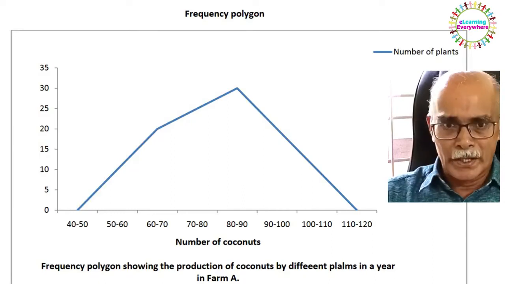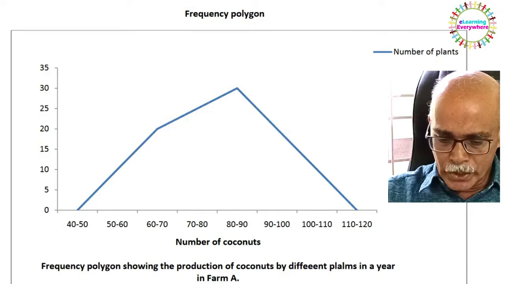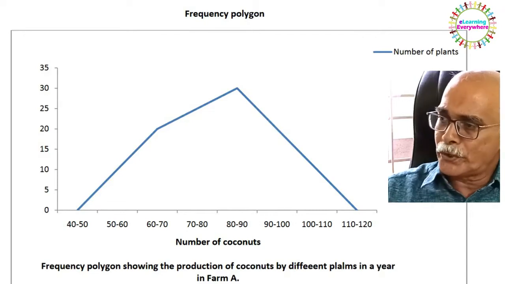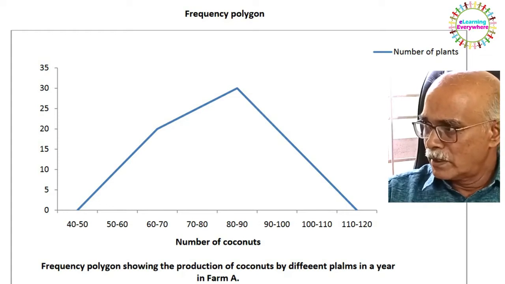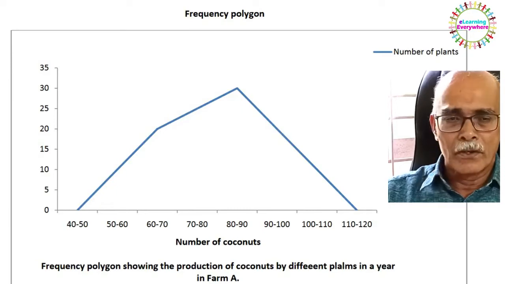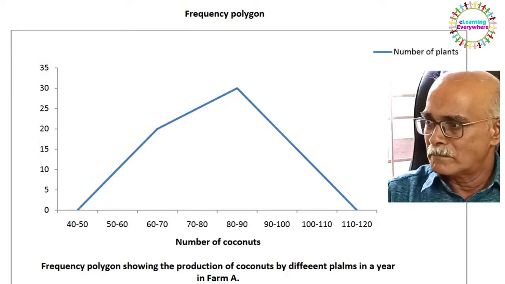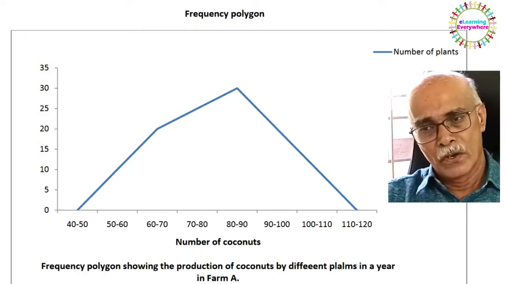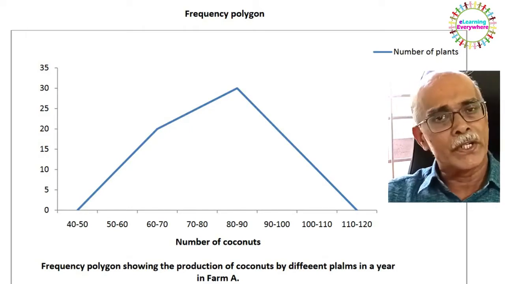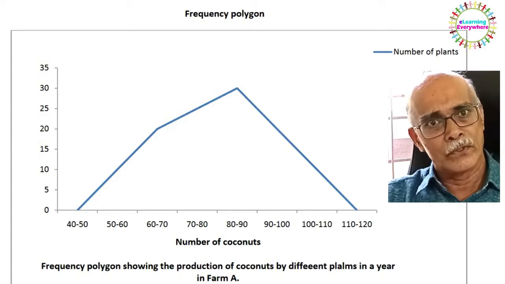A frequency polygon is a graph of frequency distribution which is drawn from the frequencies of each and every class of your variable.